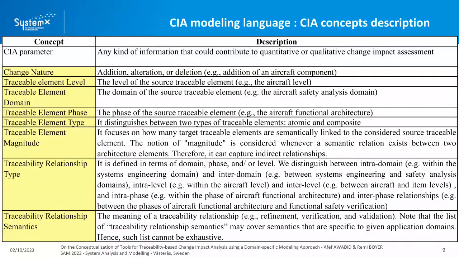So we have done a lot of work on the relationship type to make a distinction between allocation, association, cross-domain links. And then we have the traceability relationship semantics, a field for extensibility to store attributes of specialty.